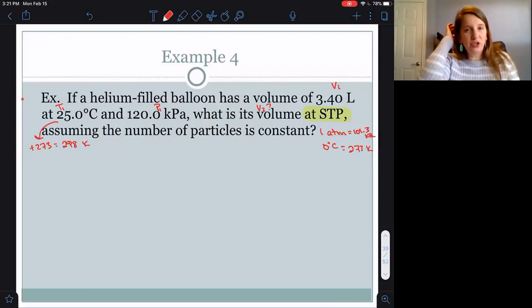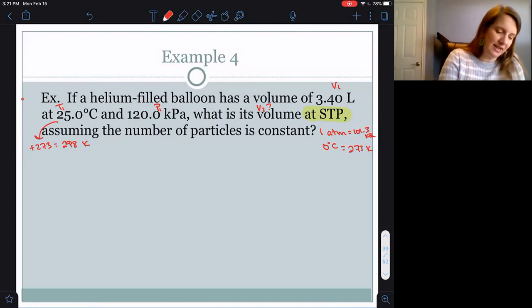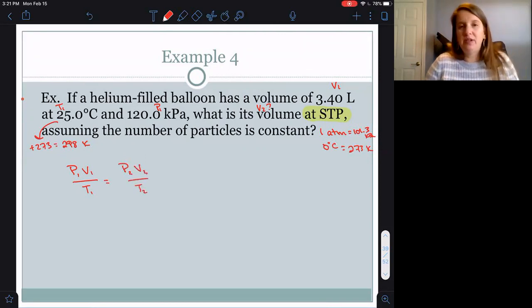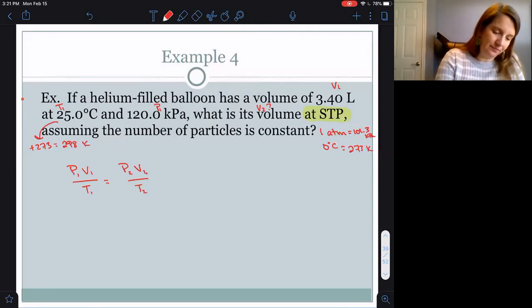So in this question, I actually have 3 variables that are changing. I've got my pressure, I've got my volume, and I have my temperature. So that means I have to have the parts of the combined gas law that deal with those 3 variables. So I have P1V1 over T1 equals P2V2 over T2. So my P1 is 120.0 kilopascals.